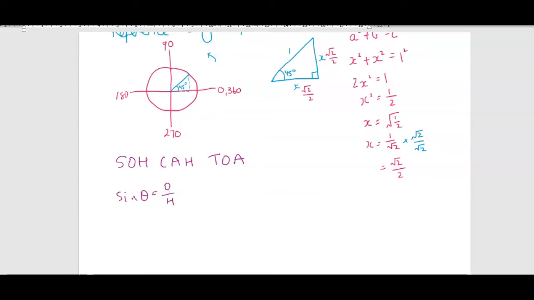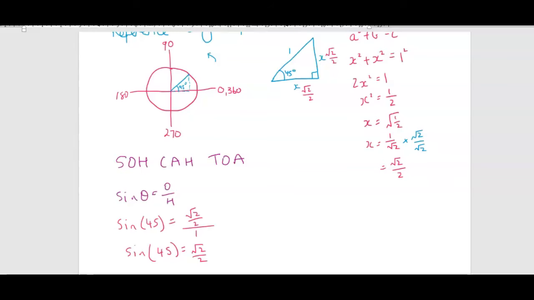Now in this triangle that I had over here, theta is 45 degrees, so sine 45. Your opposite side is √2 on 2, and your hypotenuse is 1. So basically anything divided by 1 is just left as it is. So sine 45 is √2 on 2.